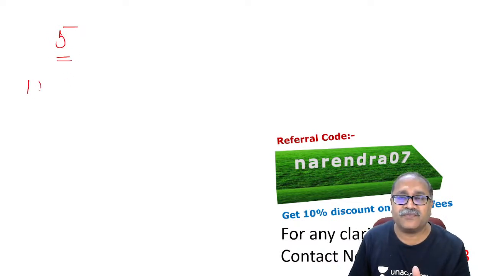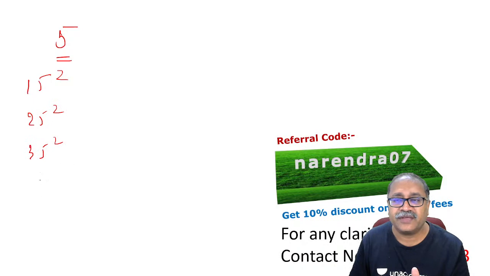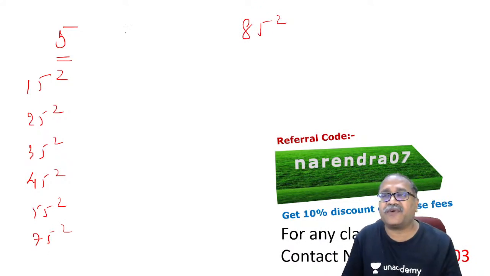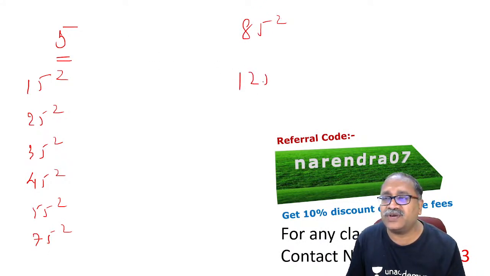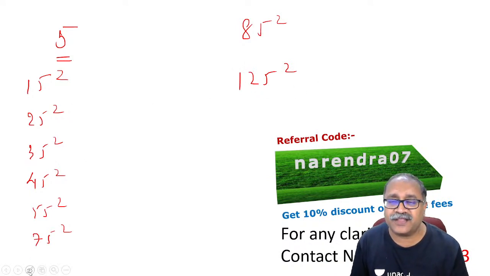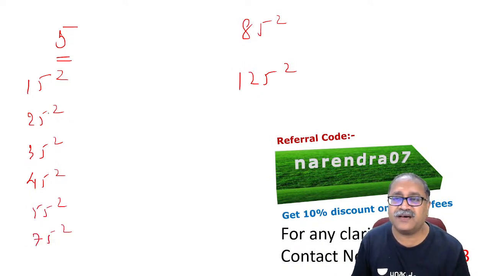Example, 15 square, 25 square, 35 square, 45 square, 55 square, 75 square, 85 square, or 125 square. All the numbers which end with 5. Okay, let's begin here. It is a small thing, we will definitely learn this.